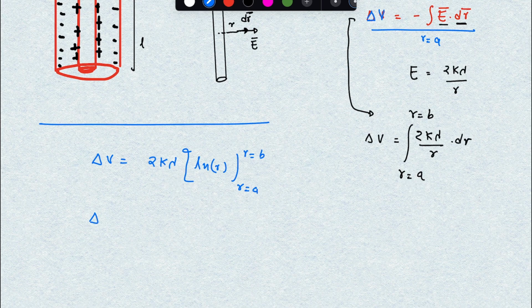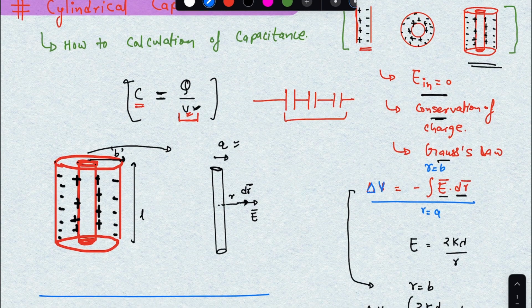So delta V is equal to 2k lambda times ln b divided by a. Of course it is ln b minus ln a, which can be written as ln b by a. So this is the delta V potential difference. I'm just taking a positive value, and now I will apply this formula.